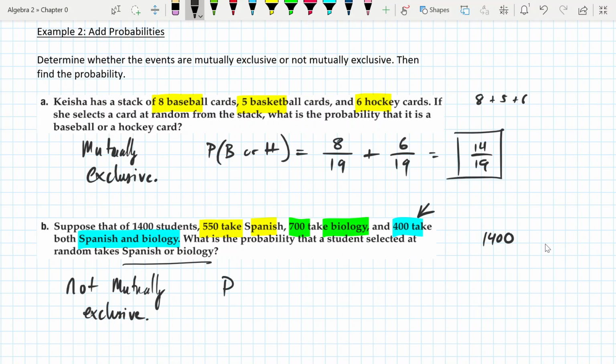So we're going to use the probability of Spanish or biology, and that is going to equal the probability of Spanish plus the probability of biology minus the probability of Spanish and biology.